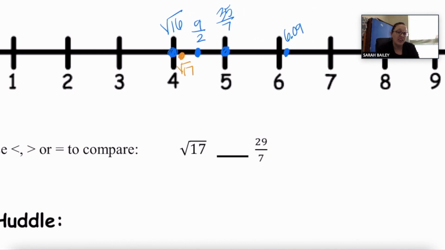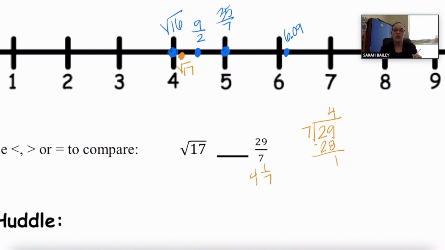Well, let's see. That doesn't divide out perfectly. So I'm going to come over here and change it back to a mixed number. So 7 would go into 29, 4 times? 4 times 7 is 28 with 1 left over. So that's 4 and 1/7.